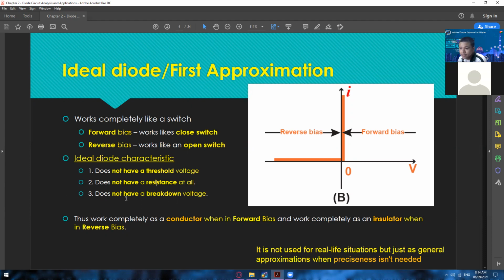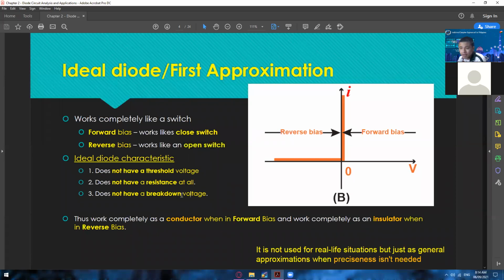And then lastly, it doesn't have a breakdown voltage. This breakdown voltage only applies in reverse bias, where it works like an open switch and doesn't permit any current.